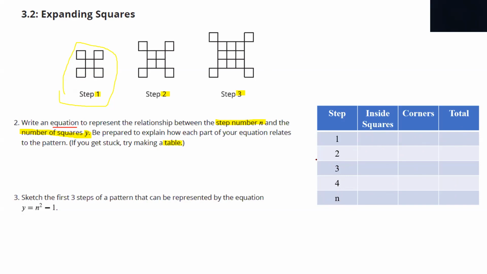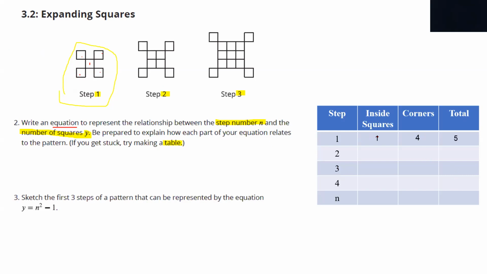Okay, so now that you have inputted your answers. Inside of step 1, we only have one square. How many corners? We have 1, 2, 3, 4. And how many total squares do we have? We have a total of 5 squares.